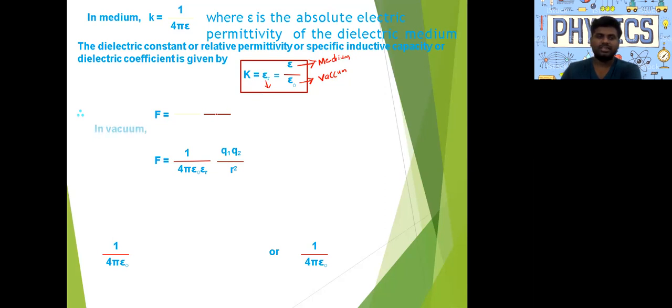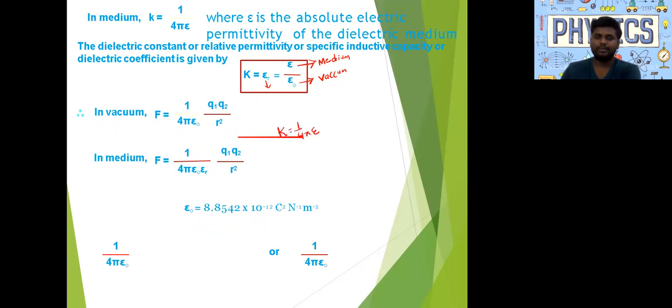Now, in vacuum, force is equal to 1 by 4 pi epsilon naught Q1 Q2 by R square. In medium, force is equal to 1 by 4 pi epsilon naught into epsilon R, Q1 Q2 by R square. How did we get this equation? We know K is equal to 1 by 4 pi epsilon.